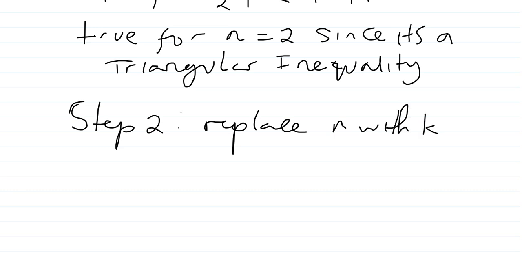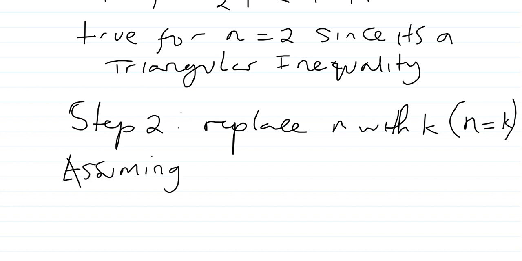So assuming n equals k, where there is n, we put k. We have the modulus of the sum from k equals 1 to k of zk less than or equal to the sum from k equals 1 to k of the modulus of zk.